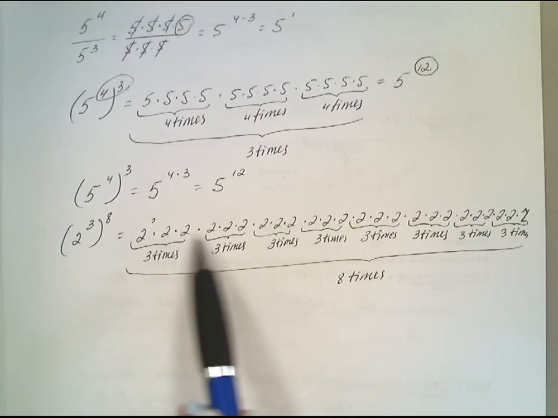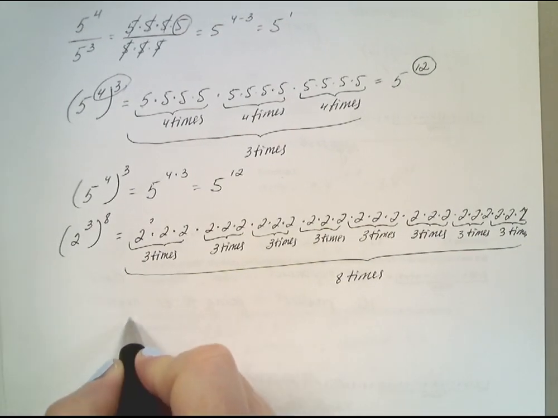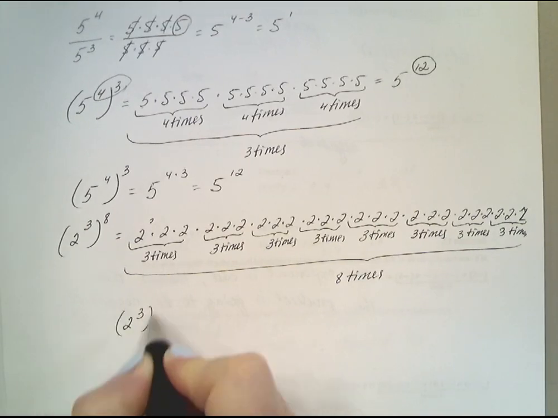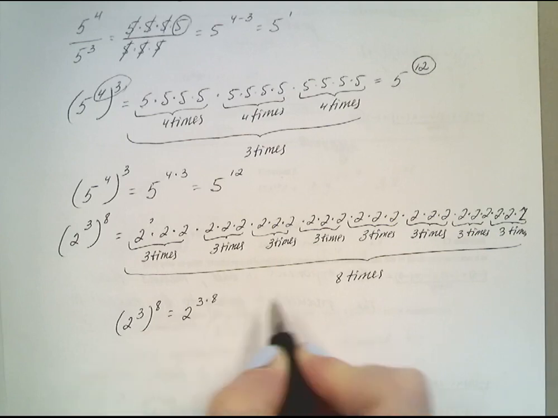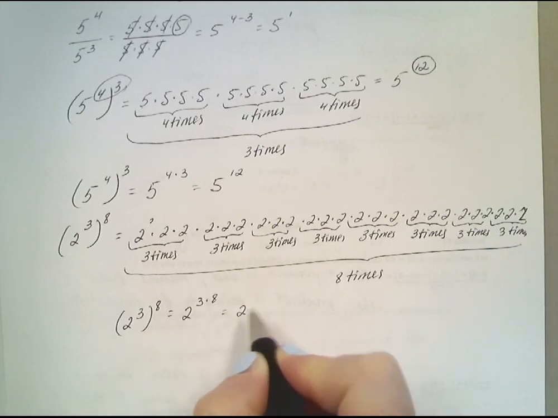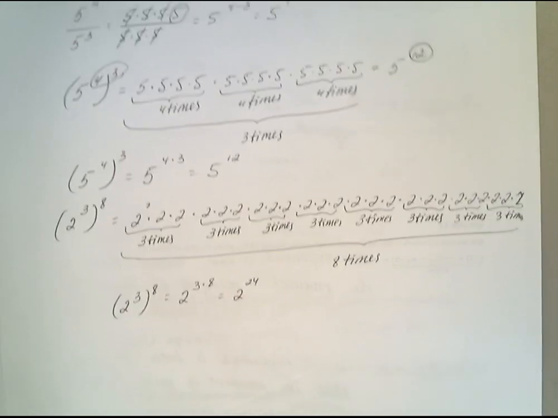If I were to count all these 2s, I will get 24 of them. What that means is 2 to the third to the 8th is the same thing as 2 to the third multiplied by 8, and that is 2 to the 24th. Okay, so this is how this rule works.